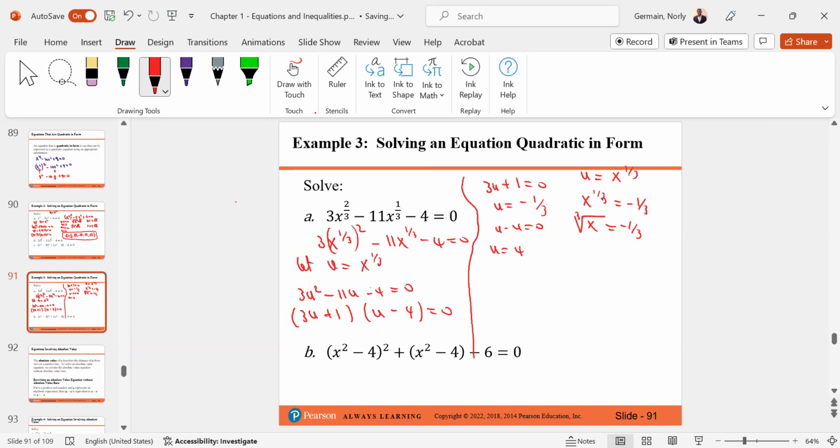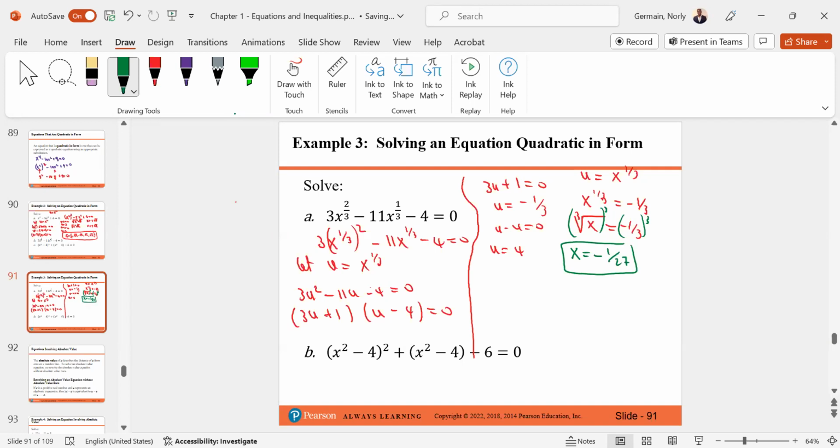If we raise both sides to the power 3, we can do that only because the index is odd. If it was a square root, we wouldn't be able to do it. So we're going to have x equal negative 1/27. But if it was a square root, we would say no solutions.